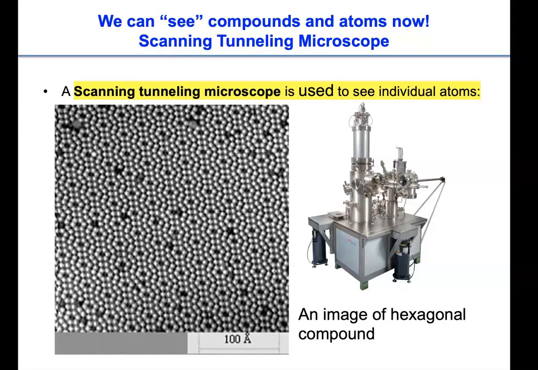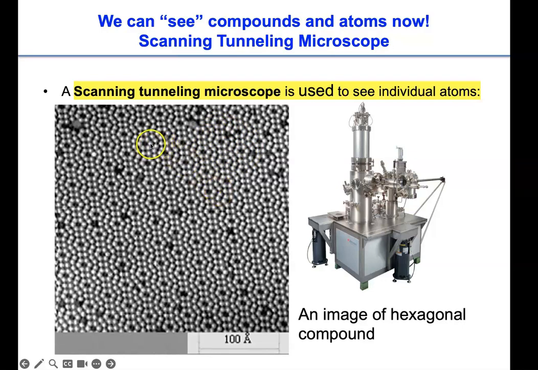You would be interested to know that we can actually today see individual atoms in compounds using the scanning tunneling microscope shown over here. This is a micrograph of the scanning tunneling microscope showing individual hexagon-shaped atom arrangement.